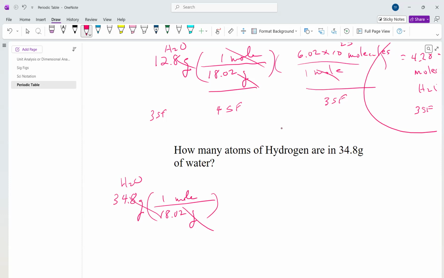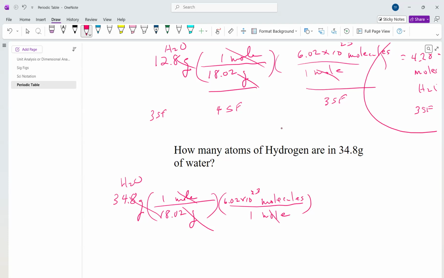Now I'm going to go moles to molecules. Avogadro's number. Mole needs to cancel. Now we have molecules of water.